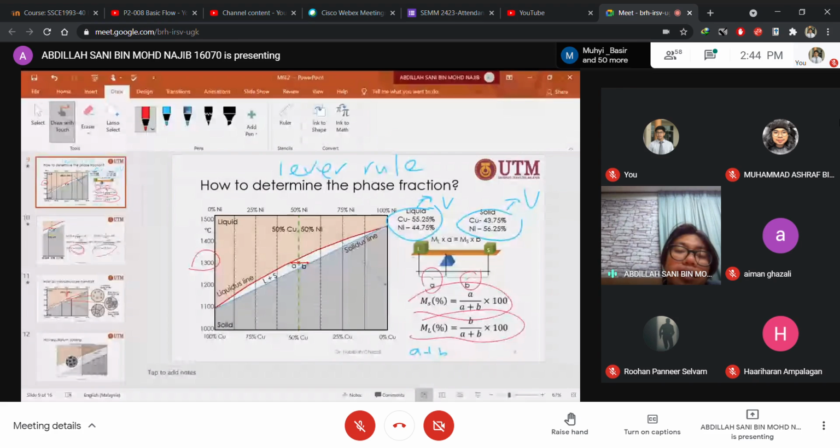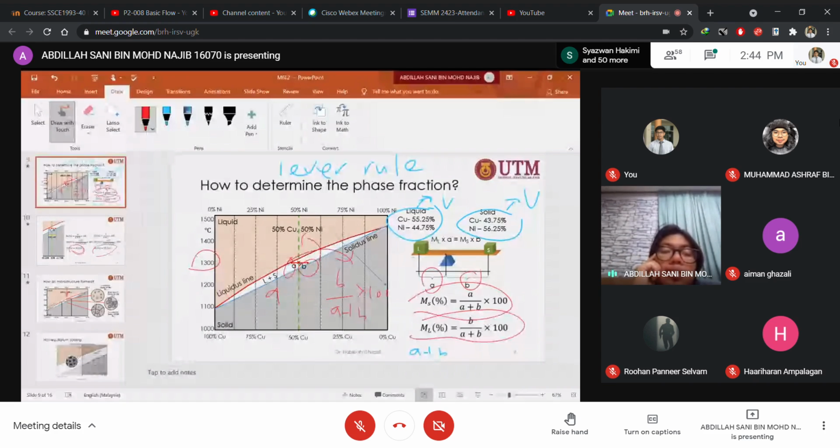And you divide by A plus B, times 100, okay? Because we want to do the fraction. If you want to know how many percentage of solid, you take A, the other way around. You take A, you divide A plus B, you times 100%. So you get the amount.